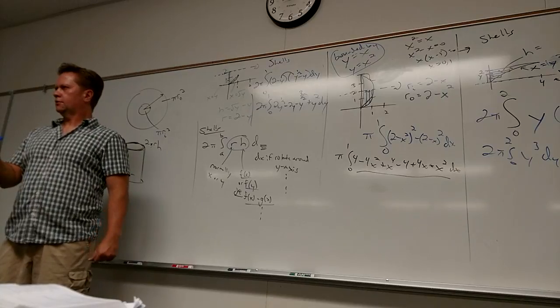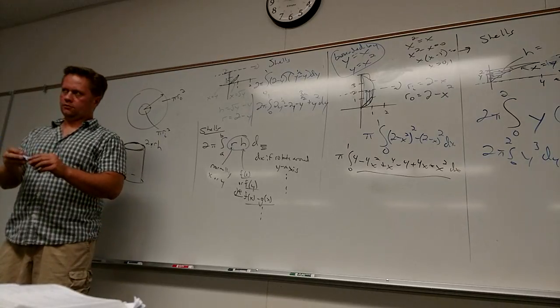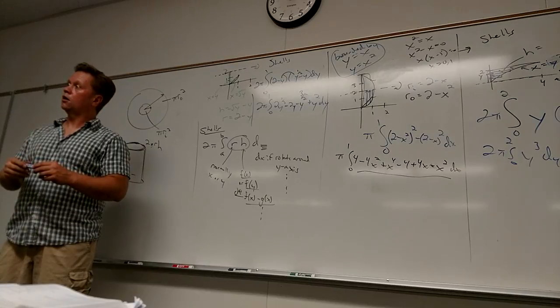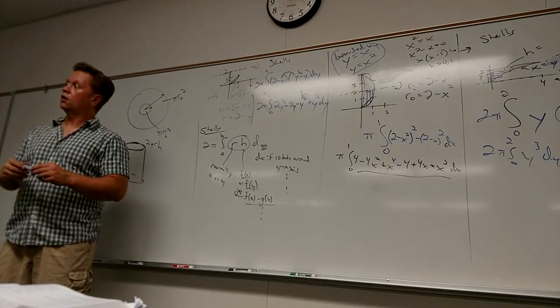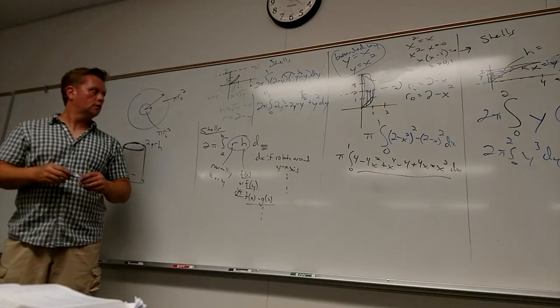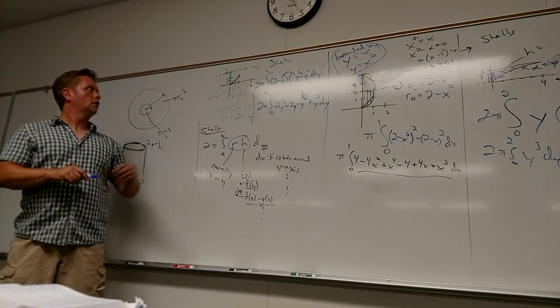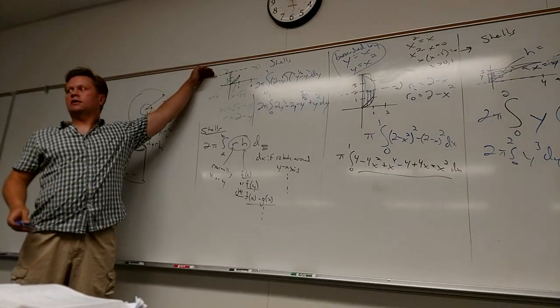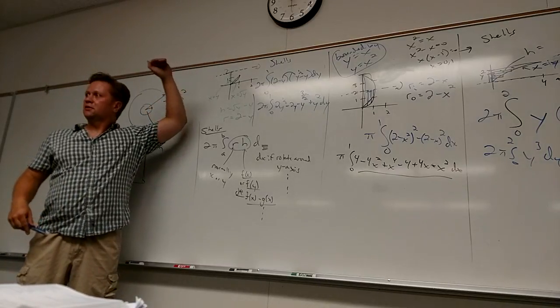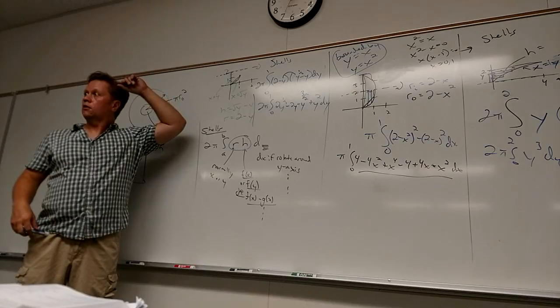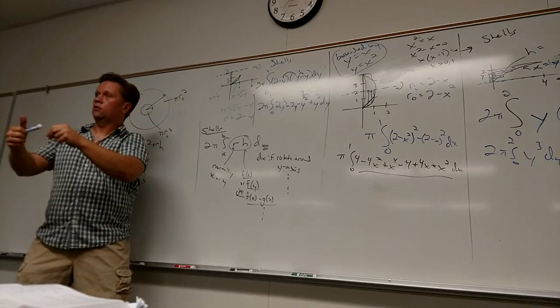If the axis is not specified as a value, and it's just x or just a variable, like here it says around y equals 2, they can't leave that out. But if the question was just saying around the y-axis, the radius would just be y.